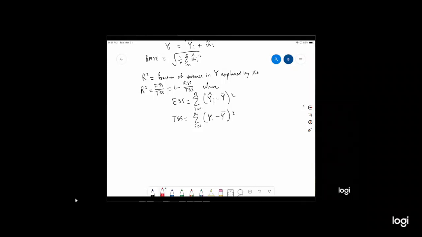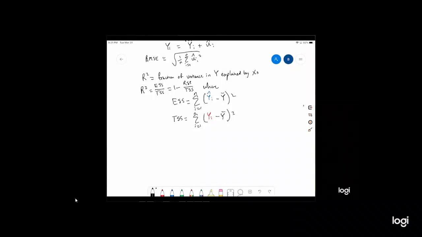Maybe I should write this in red. You can see the difference. These are exactly the same, except one is using the predicted values and one is using the actual values, the y i's.